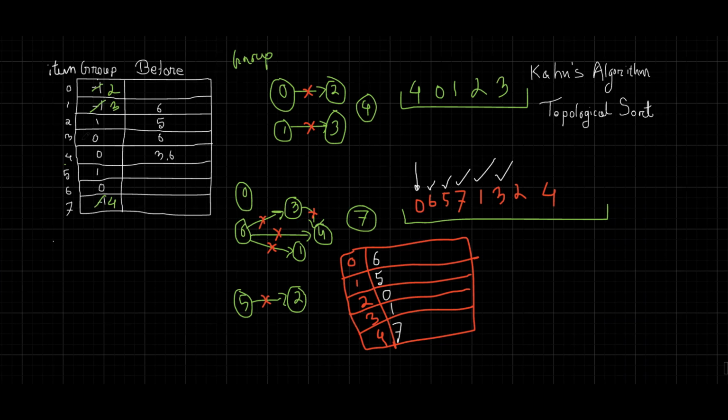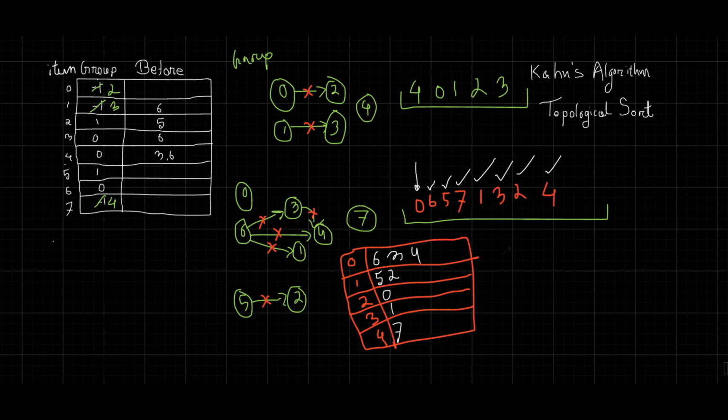For this 3, the group it belongs to is 0. So we have to put 3 into the list of 0. For this 2, the group it belongs to is 1. So we have to put 2 into the list of 1. And finally, for this 4, the group it belongs to is 0. So we have to put 4 into the list of 0.